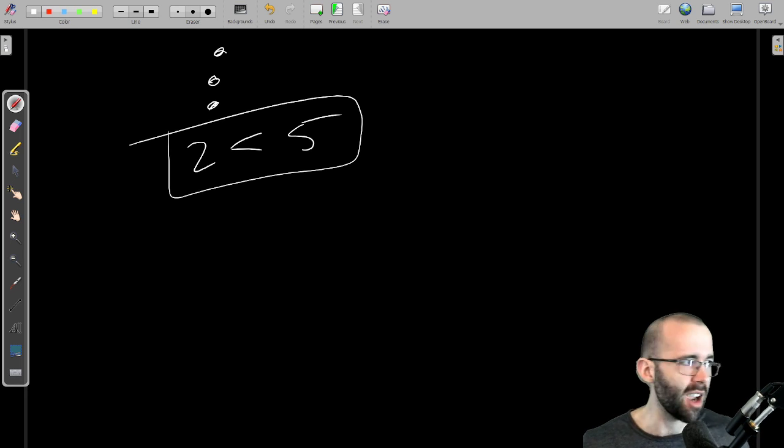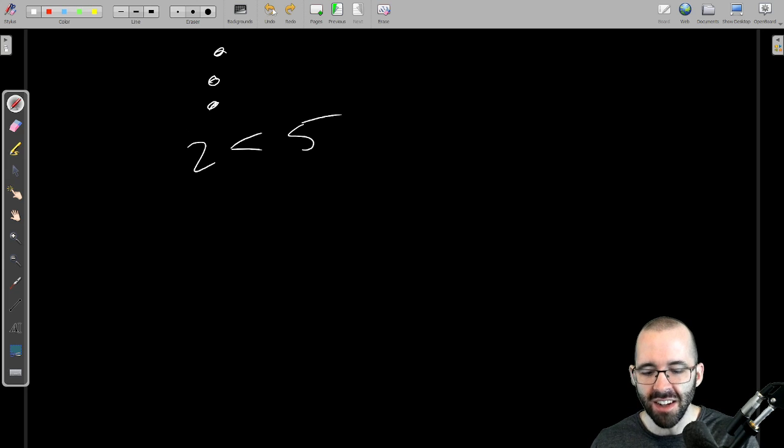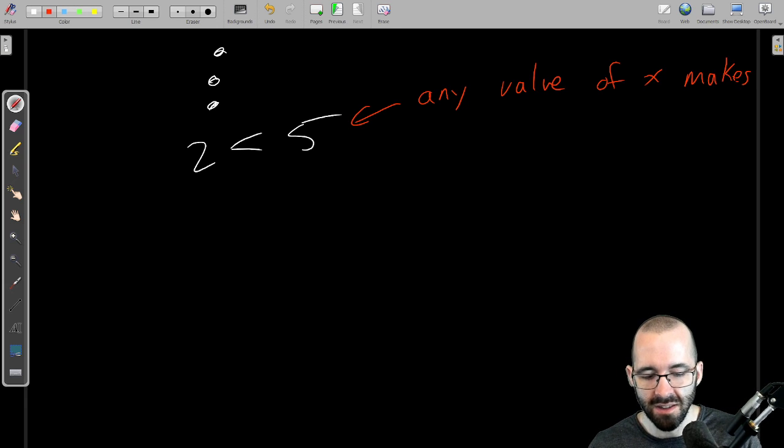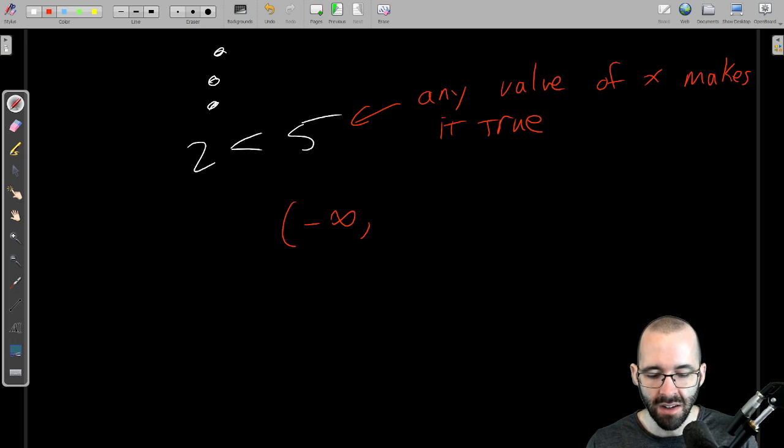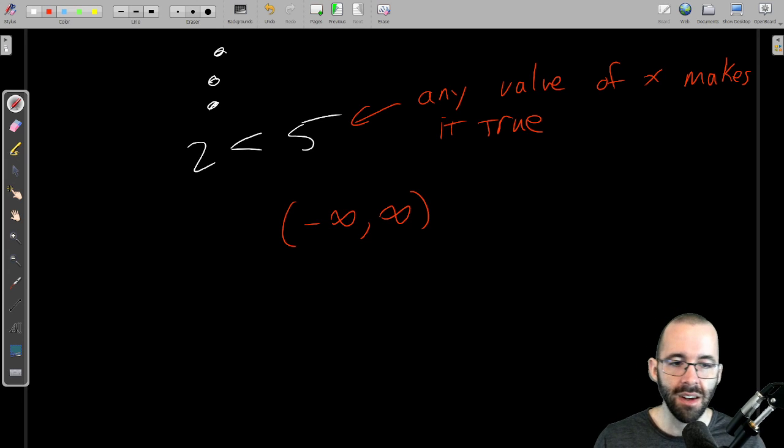It's always true. I don't care what x is. 2 is smaller than 5. So if you get to something like this, any value of x makes it true. Our answer in this case would be negative infinity up to positive infinity.